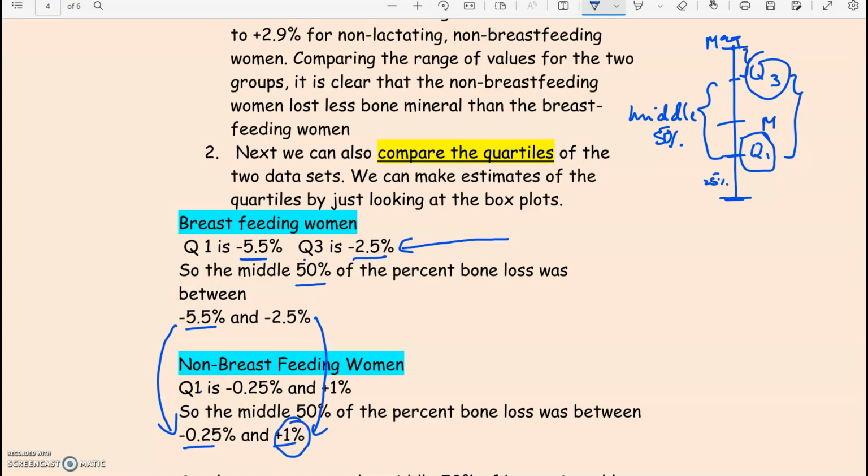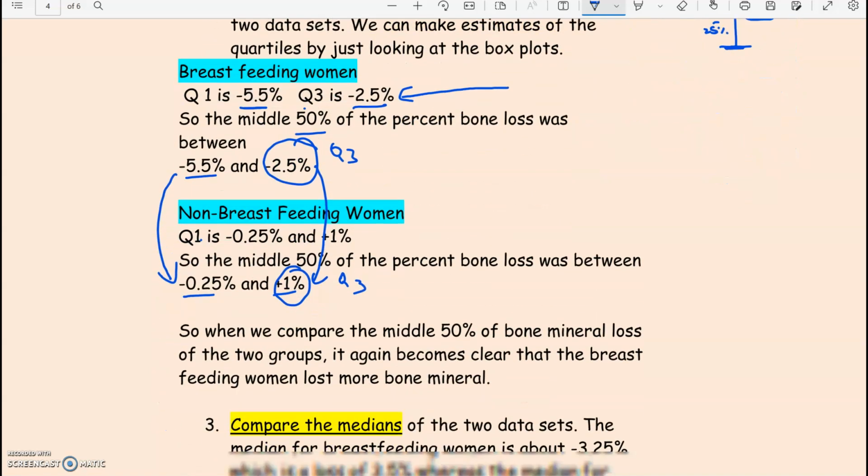Same thing with the upper quartiles, Q3s. The upper quartile of the non-breastfeeding women is much higher than the upper quartile of the breastfeeding women. So that could be another reason.